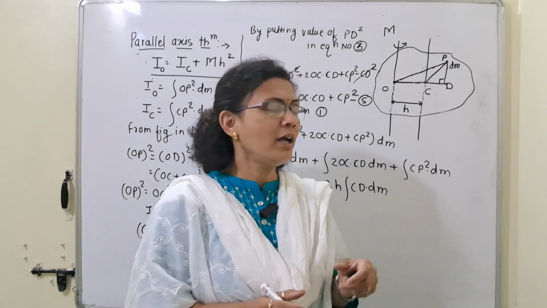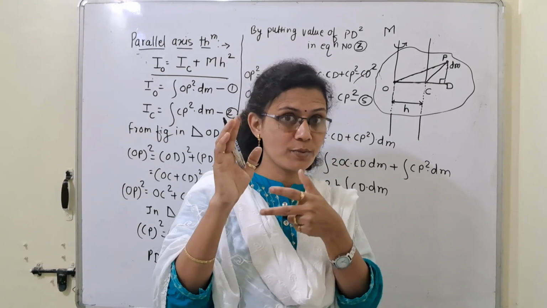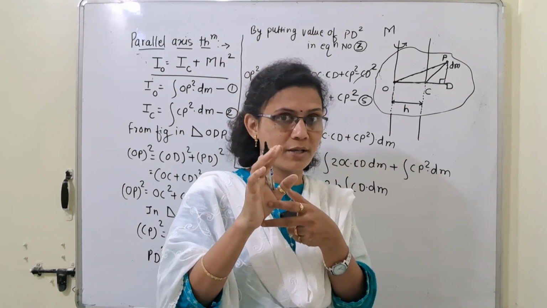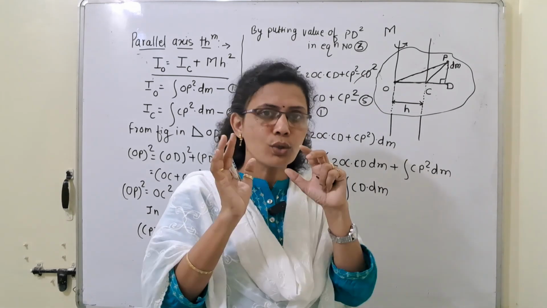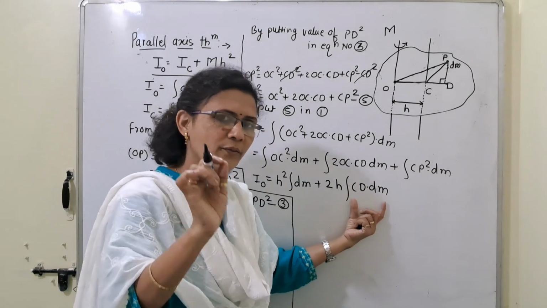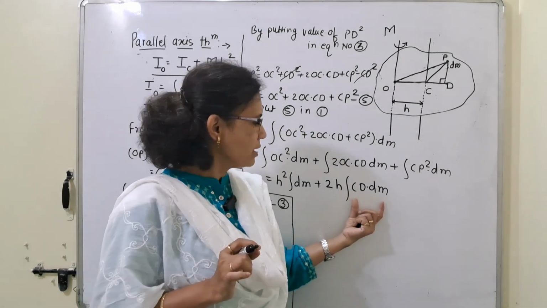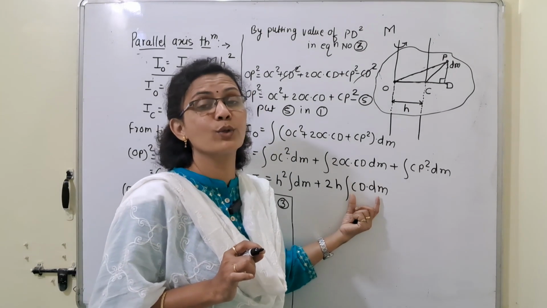In NLM also you have seen center of mass, velocity of center of mass, position of center of mass, all those things you studied in NLM in 11th standard. So you have to write here one explanation that according to the definition of center of mass, this integration of CD into dm will be equal to 0.